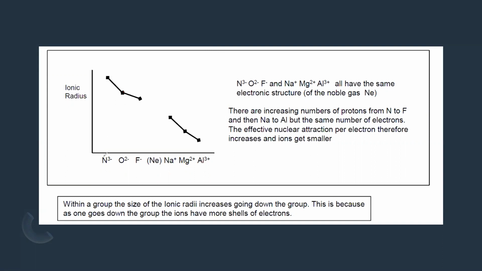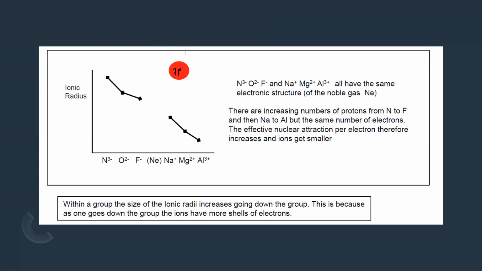Like if I draw the structure of nitrogen, originally, because nitrogen atomic number is 7, so 7 protons are there. And nitrogen is a non-metal. So for a non-metal, it reacts by gaining electrons.